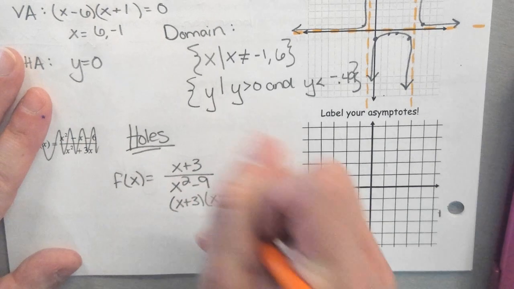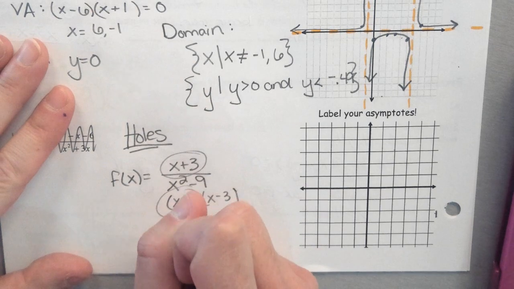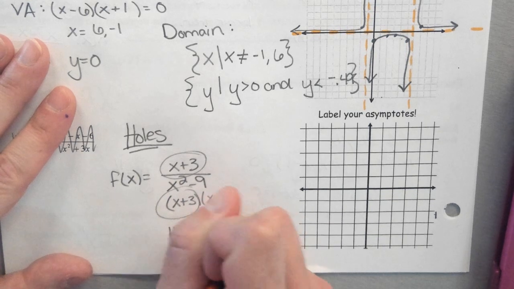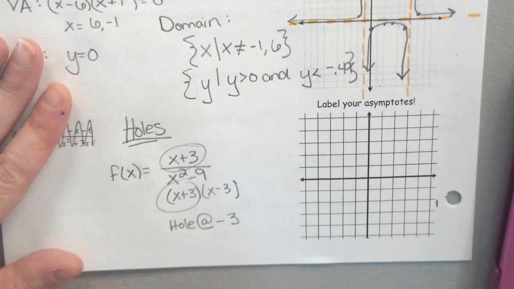Do you see that this parenthesis and this parenthesis are a match? Like I have one that's the same in both top and bottom. If you ever have that happen, where you have the same thing in top and bottom, you're going to encounter a hole on your graph. I have a hole at, and it's what would make it 0. So I have a hole at negative 3.